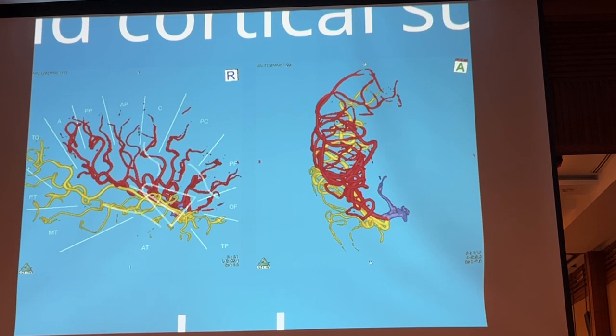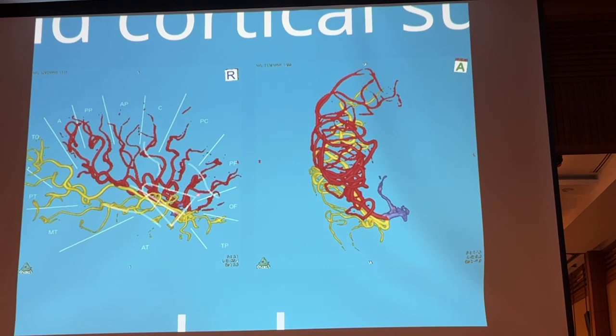And we can do the same for the MCA. So if this is an angiogram picture, we can superimpose on the markings of the brain. So this triangle would represent the insula, this line across the triangle would represent the Sylvian fissure, and then we could start to draw in the other central sulcus and name the branches.